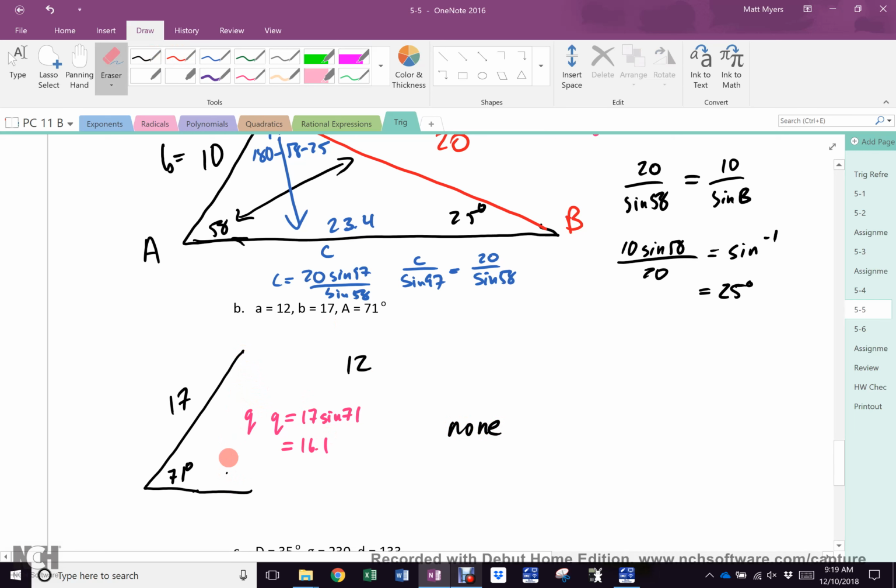Do you understand that that line has to be 16.1? Right? Okay. Stand up. You are 16.1 tall. Okay? Catch. That is 12.